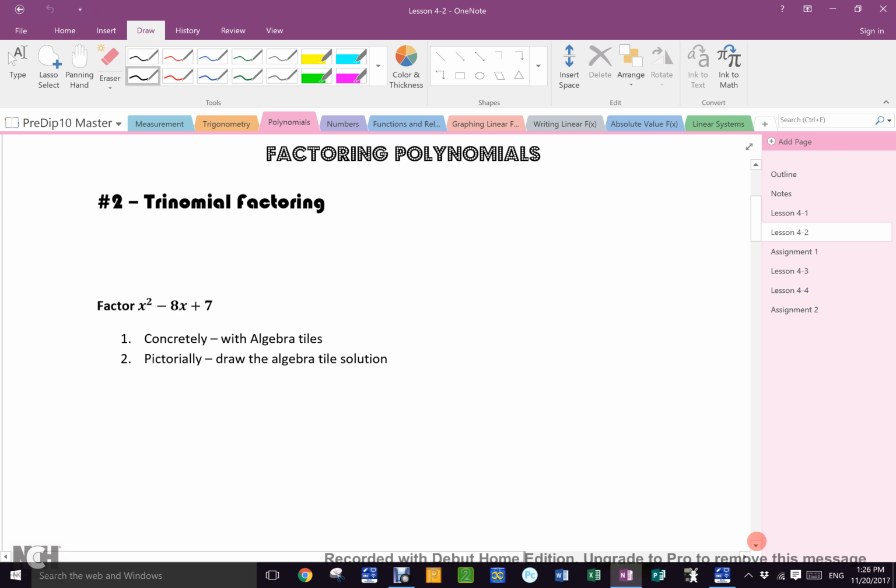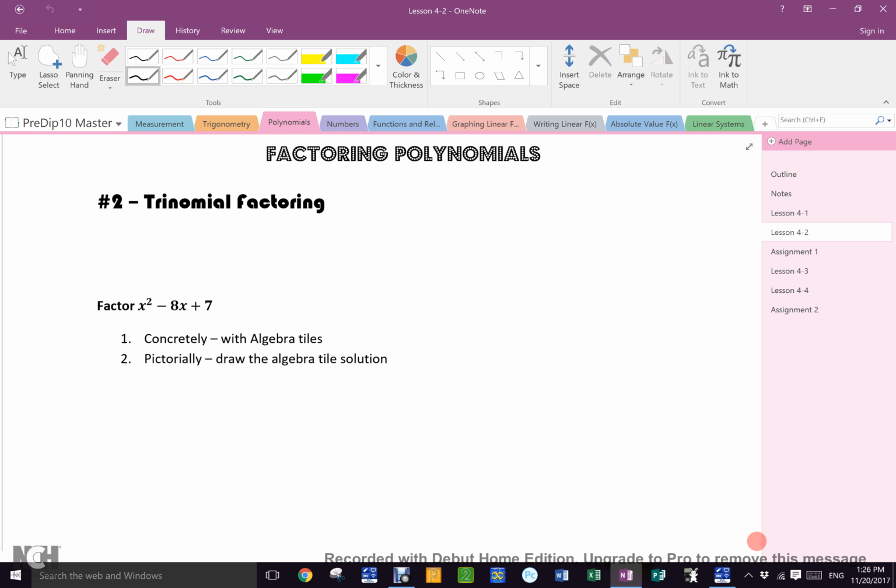We are going to move on to a second kind of factoring. And as always, there is what is actually happening, and there is the way that you do the work. We are going to, of course, discuss what is actually happening first.